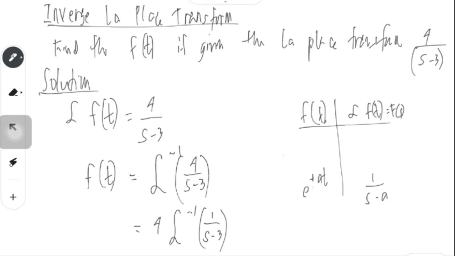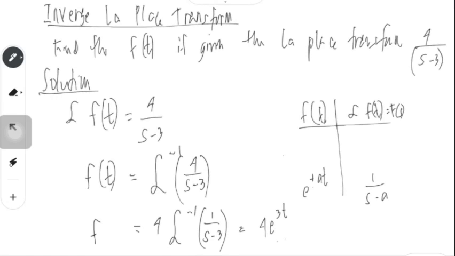The technique here is to reduce the given quantity into the standard form. And based on the table, a turns out to be 3. Ibig sabihin, yung function of t natin dito, magiging 4 e to the 3t. Do you follow?